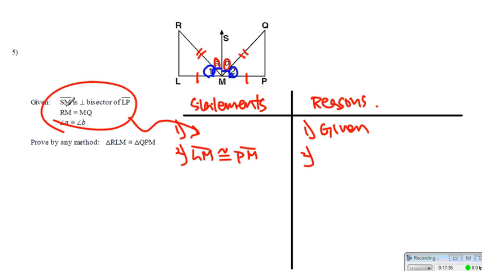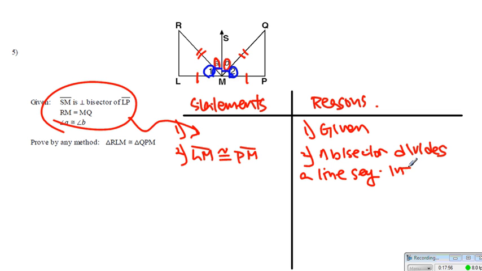Because SM is a bisector, so we get to realize that a bisector divides a line segment into two congruent parts.